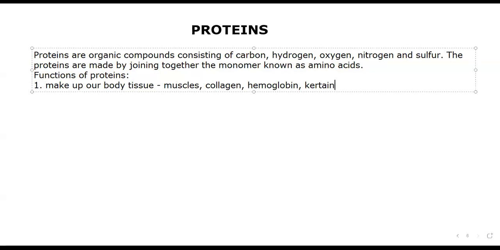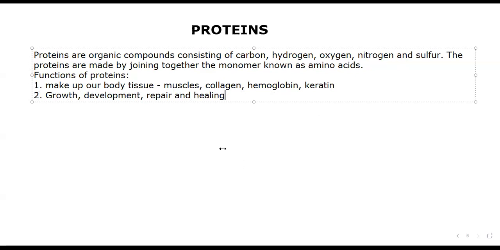All of this is composed of proteins. So we need them to make up our body tissue. We need them for growth, development, repair, and healing as well. We need proteins, so they have a lot of different uses. We are going to study hemoglobin and collagen in a bit.